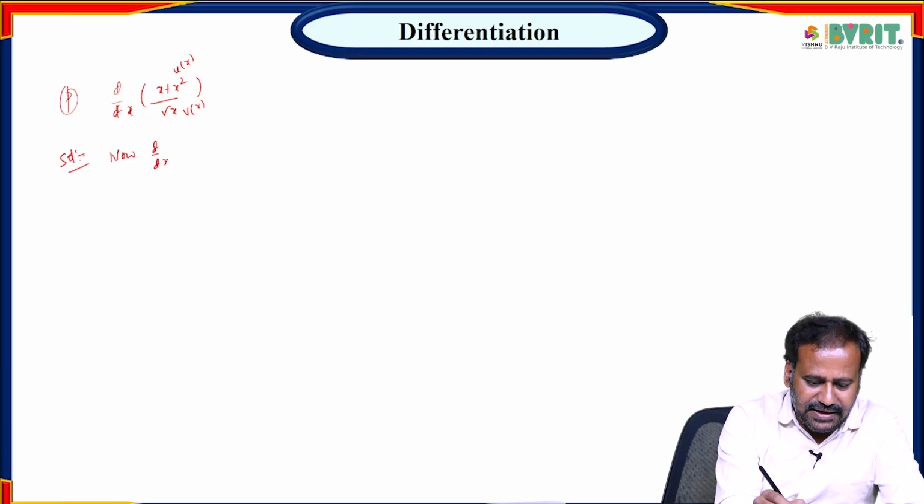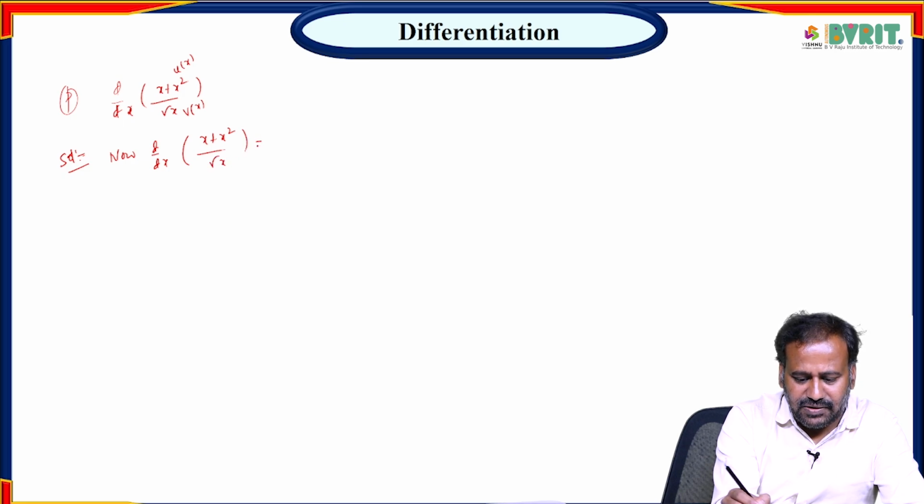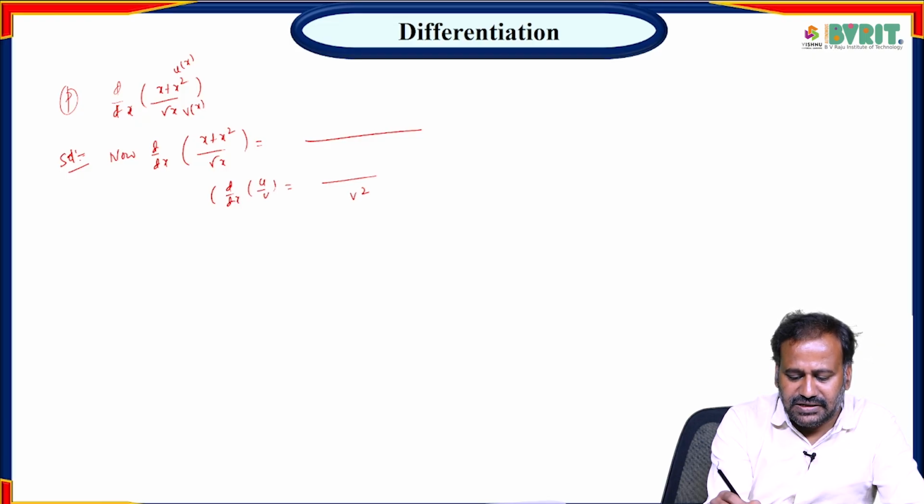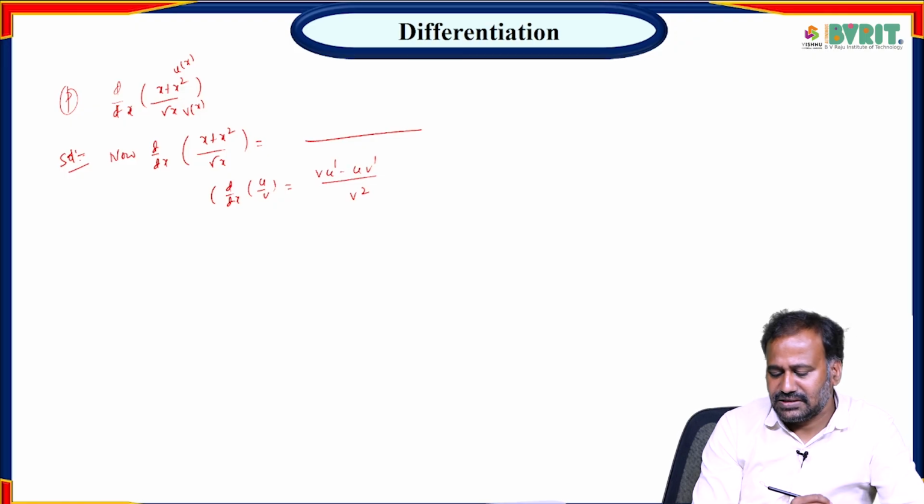Now d by dx of (x plus x square) by root x equal to, so let me revise that formula. d by dx of u by v is equal to, first denominator square, v into u dash minus u into v dash.